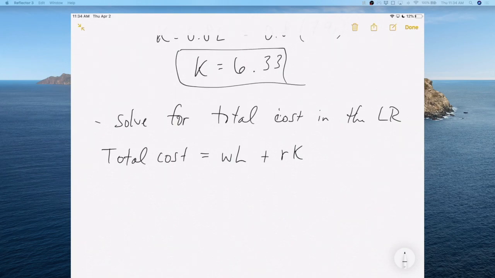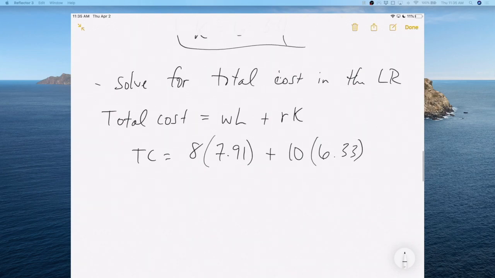So in our case, we have TC is equal to, still costs 8, the wage, and then we're substituting in our value for labor, which we found was 7.91, and doing the same thing for capital, 10 times 6.33. One more time, take out your calculator, add those up. You should find the total cost is equal to 126.58.